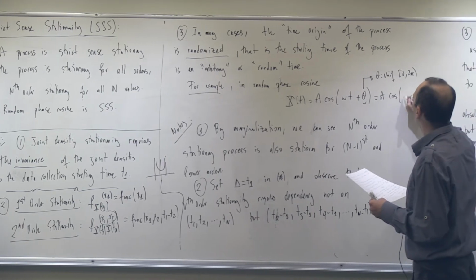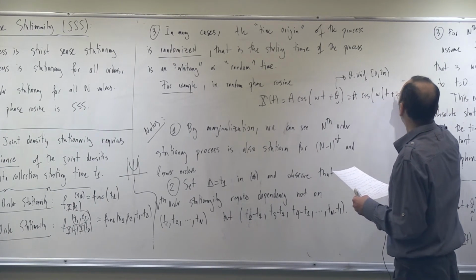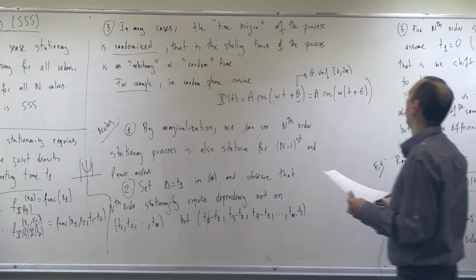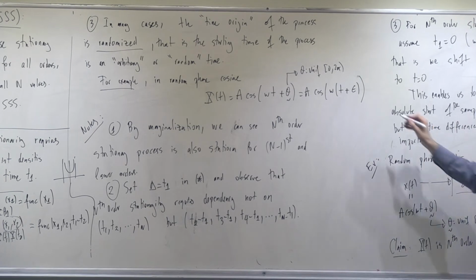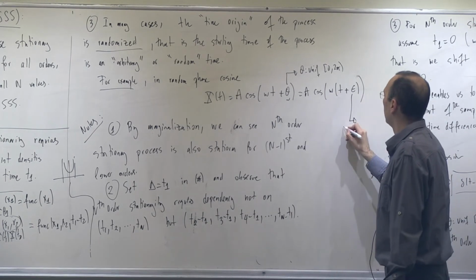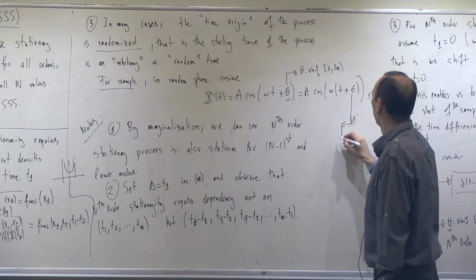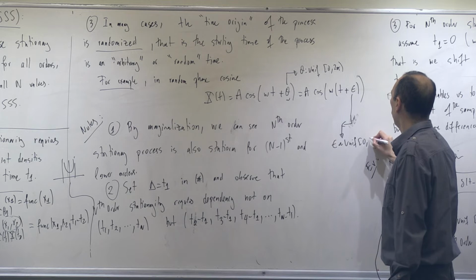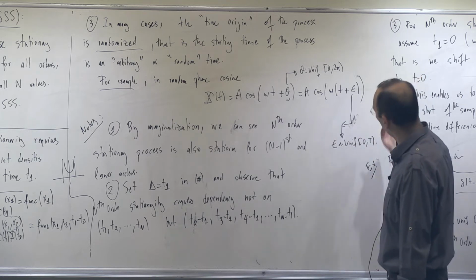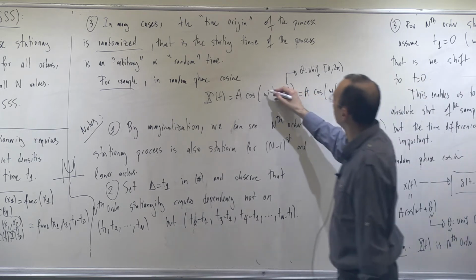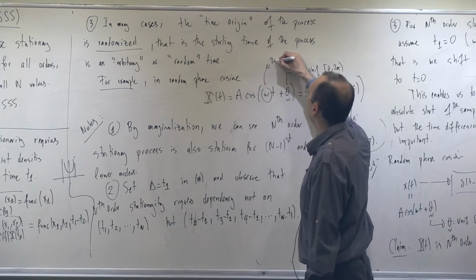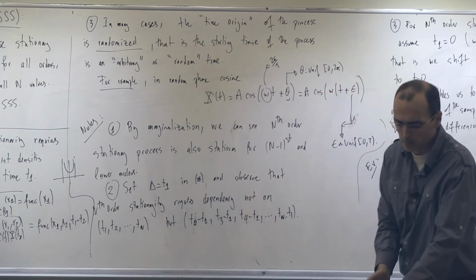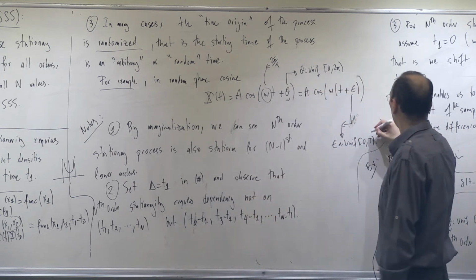I can also write this as cosine of omega times t plus epsilon. Okay. So what is this epsilon? Epsilon is uniformly distributed in 0 to T. So what is this capital T? This is the period, 2 pi over omega. Okay. So this is the period.